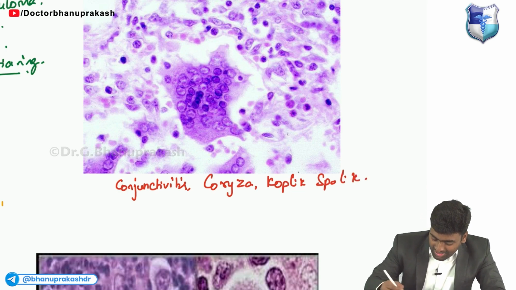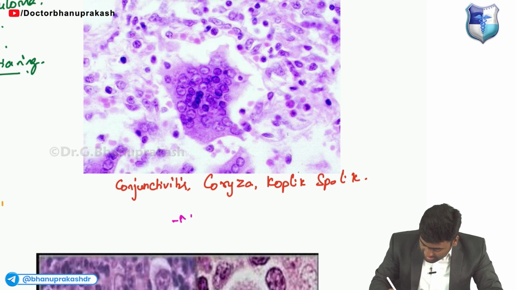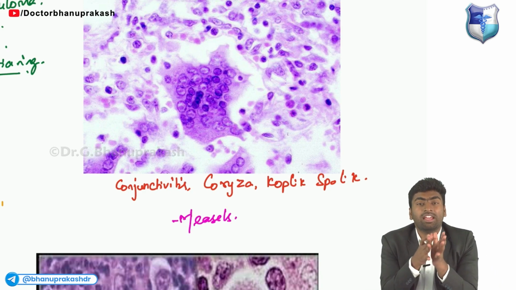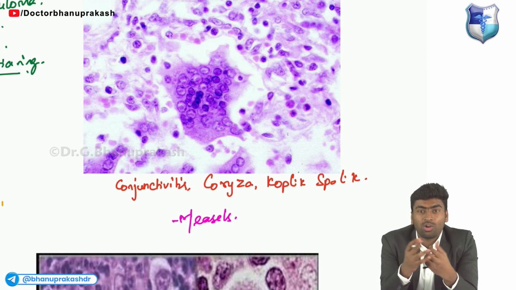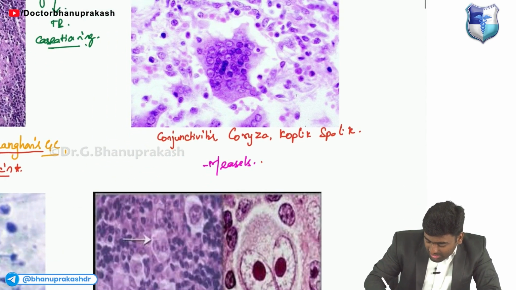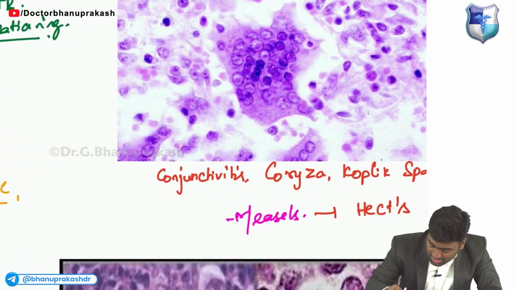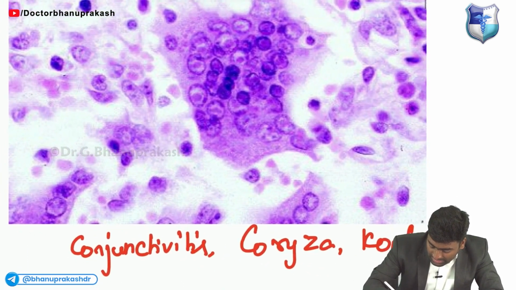This is the classical history of measles. In some cases measles may be complicated by pneumonia. What is the name of the pneumonia seen in a case of measles? It is known as Hecht pneumonia.